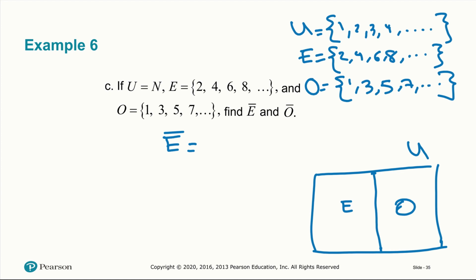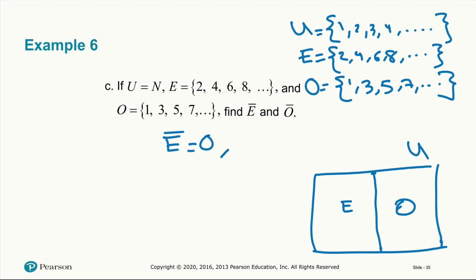So E bar is going to be all the elements in U that are not in E, right? So what would it be? Well, it would be all the odd numbers, right? So in other words, what is left in this set after you take out all of these guys? Well, only the odd numbers, right?